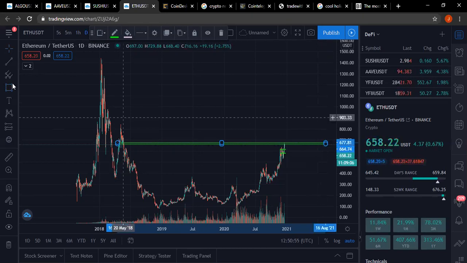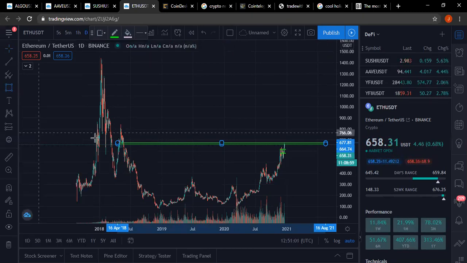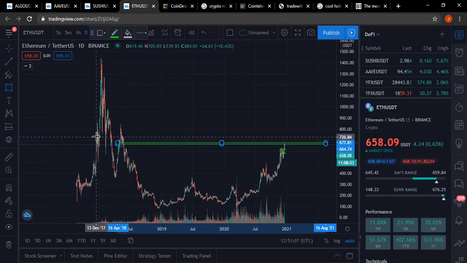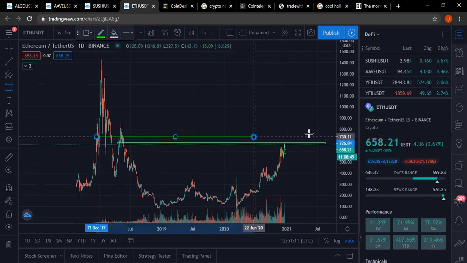And the next one you're going to have. Now you're doing this from the bigger picture of Ethereum, so this will guide your decisions in the market. As you can see, there is one here. Okay, draw it to the last and don't make it that wide, because this is the 1 day time frame.